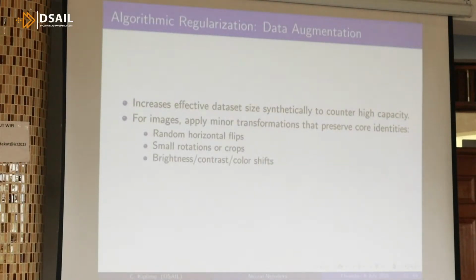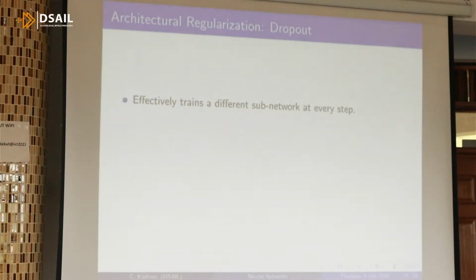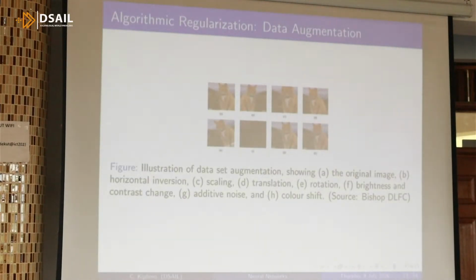Okay, data augmentation, let me show you an example. Data augmentation simply means transform the data set in certain interesting ways so that it looks new. If it's a picture of a cat, you can flip it, you can zoom, you can do some translation within the image, basically.